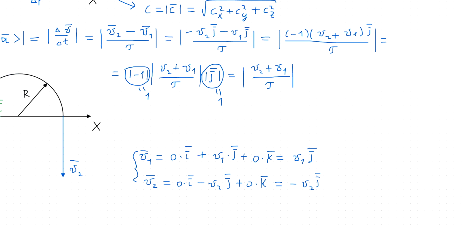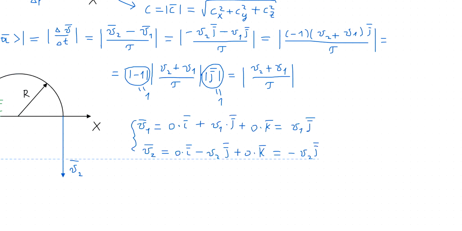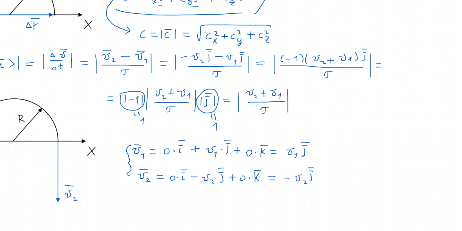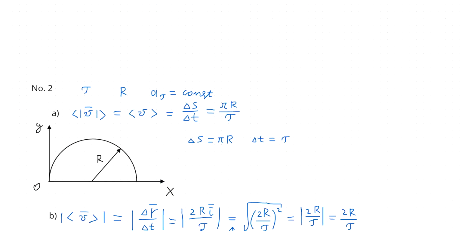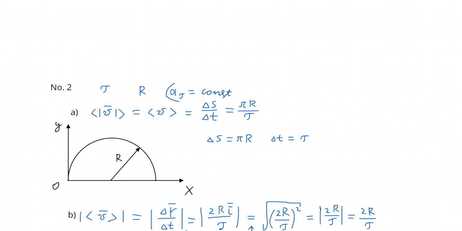So our next step is to find these values, because we still don't know v2 and v1. So to do this, we have to use this condition, that tangential acceleration is some constant.